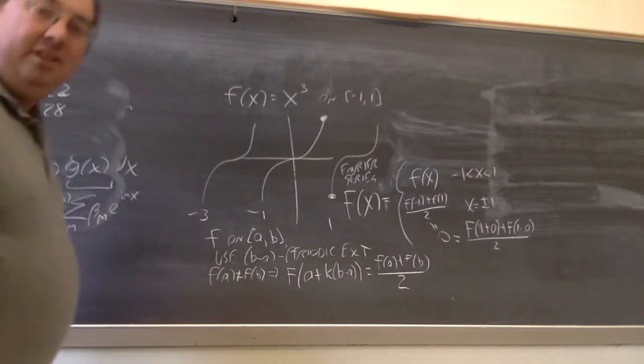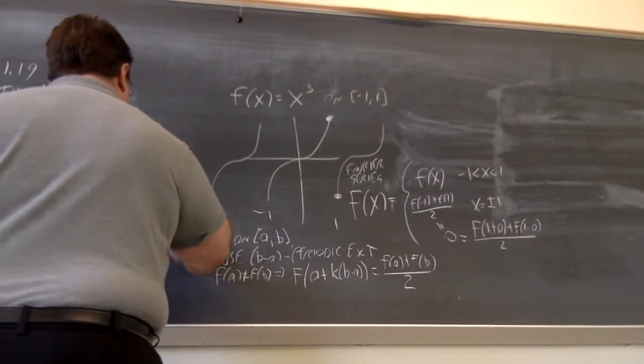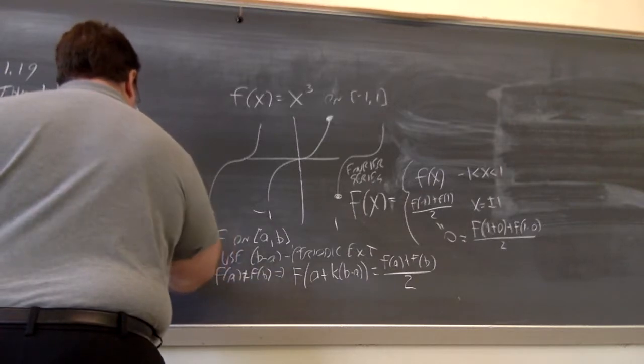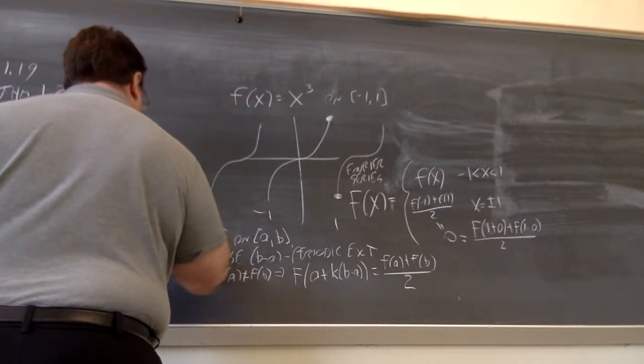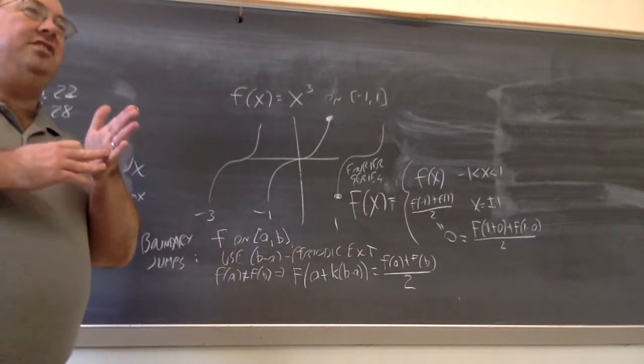So that accounts for all boundary jumps. Interior jumps is where somewhere in the middle of this interval you have a discontinuity.